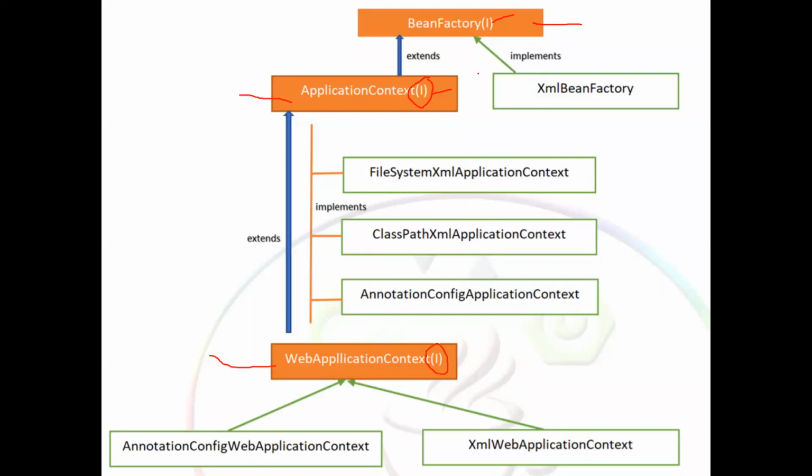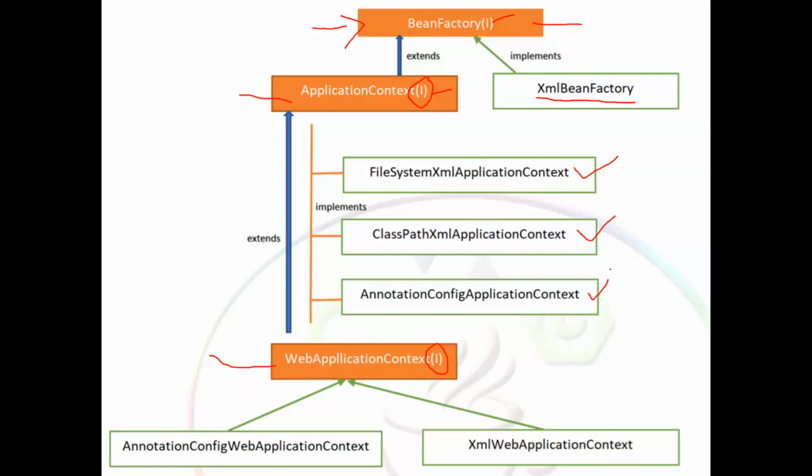Interfaces. BeanFactory is the top level. This interface has one implementation class, which is nothing but XmlBeanFactory. If you are using ApplicationContext, we have FileSystemXmlApplicationContext, ClassPathXmlApplicationContext, and AnnotationConfigApplicationContext.